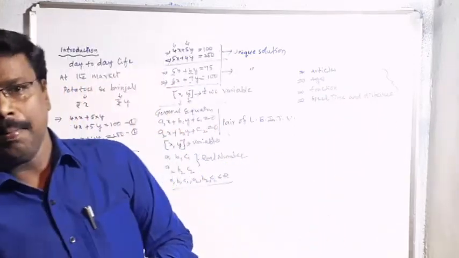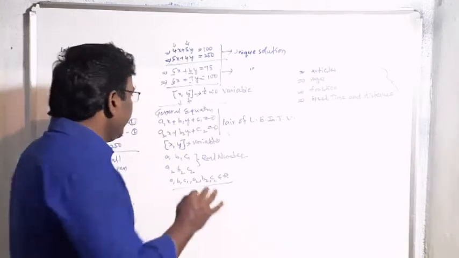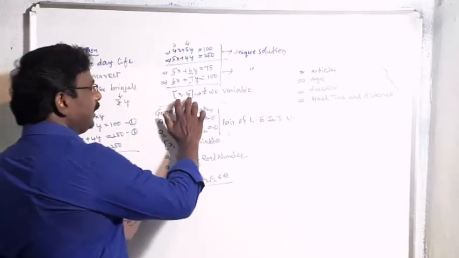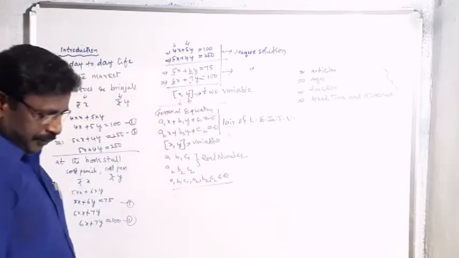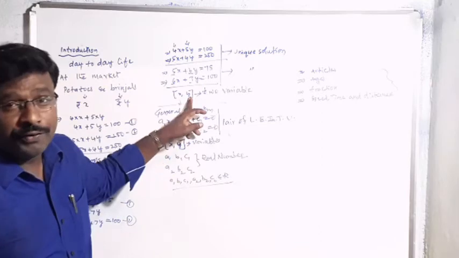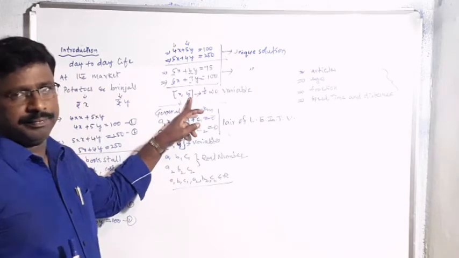To find the values of x and y, they only satisfy these two equations. How can you find the x and y values?